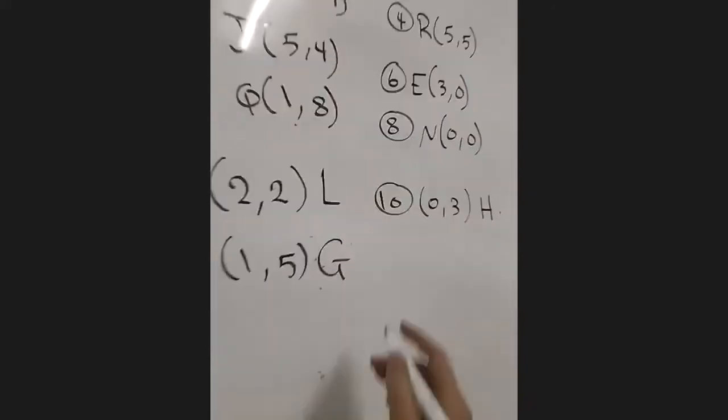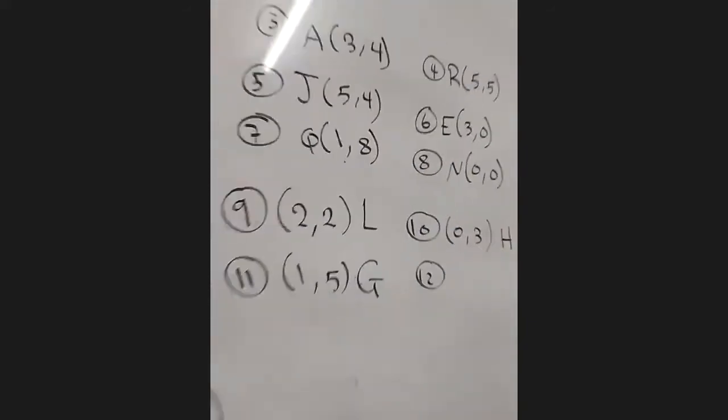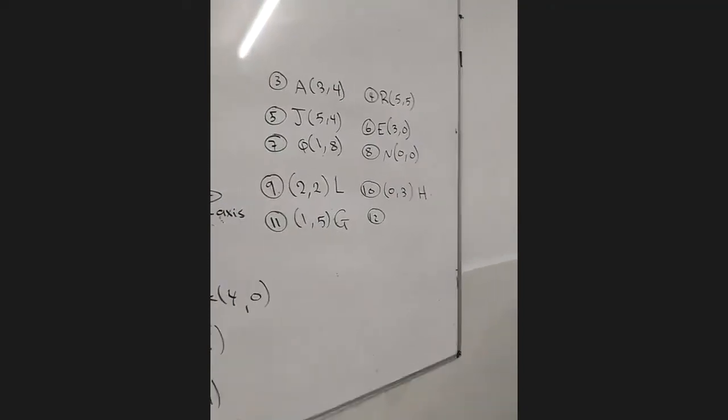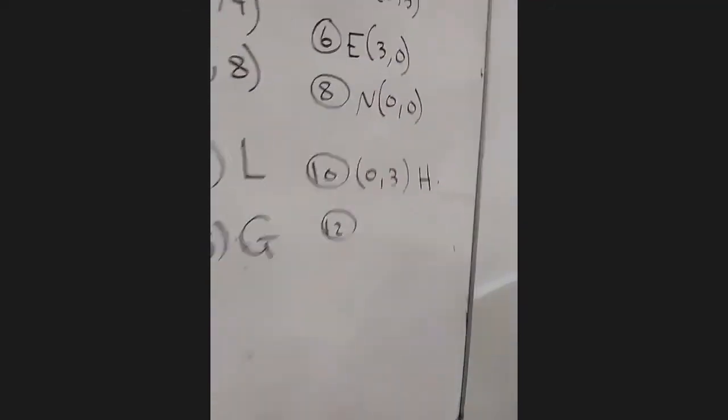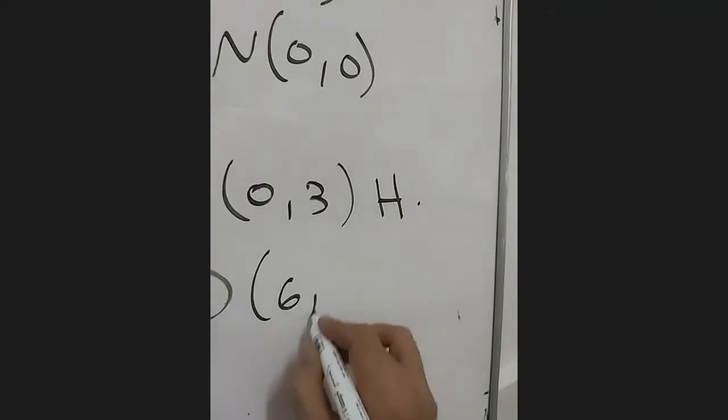Question 12. Good boys. Excellent boys. Ghassan. Yes, Mr. We have 6 and 7. What's the point? M. 6 and 7.